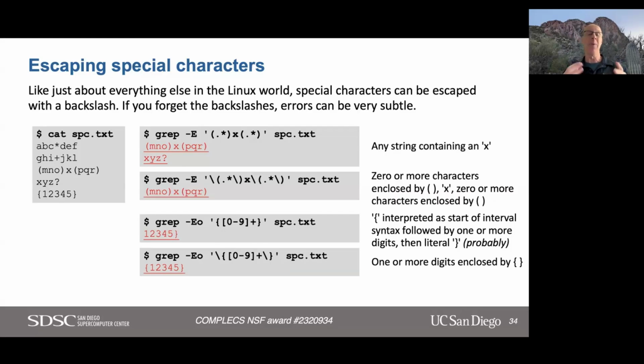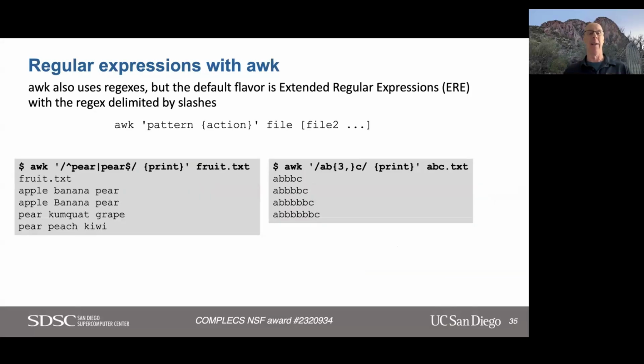But in the last example, I used backslashes in front of those curly braces to escape their meaning. So now we can be looking for literal curly braces. So again, anytime you're trying to do a match involving any characters that would have special meaning to grep or to Linux, be sure to precede those with a backslash.